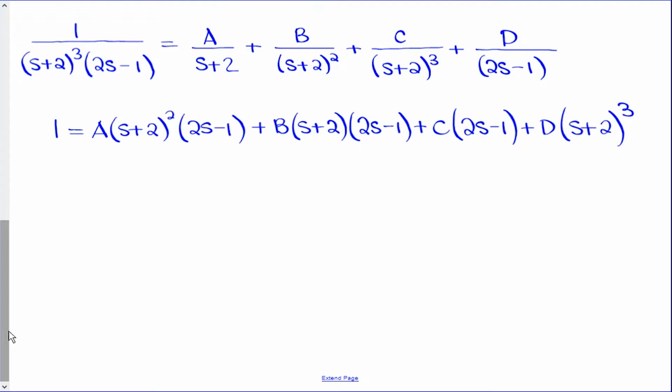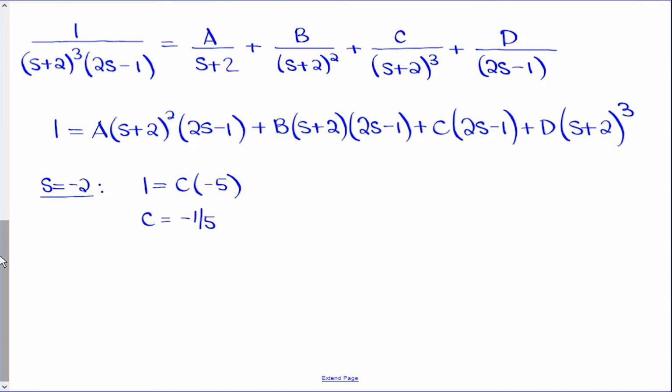In order to solve for A, B, C, and D, we're going to pick intelligent values of s to plug into this equation. For instance, if we let s equal -2, then I'm going to be left with 1 equals C times -5. And so we can solve for C immediately as -1/5.